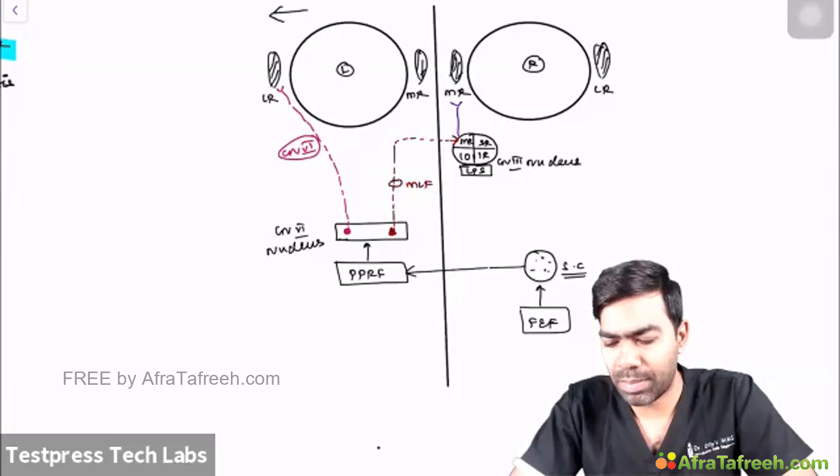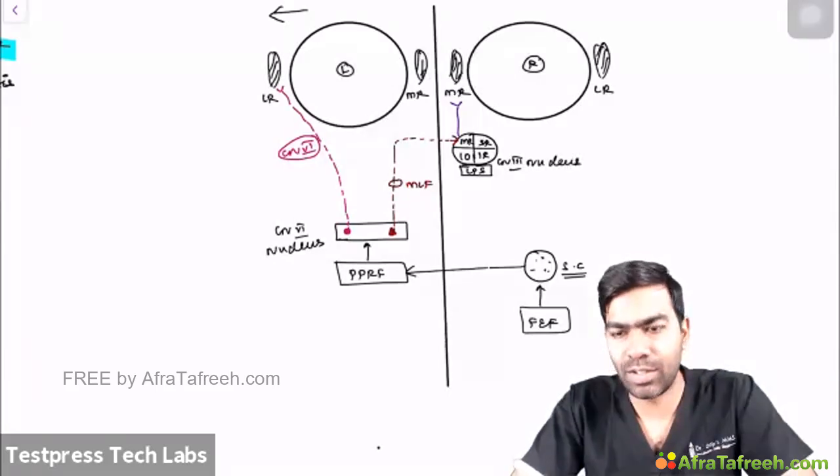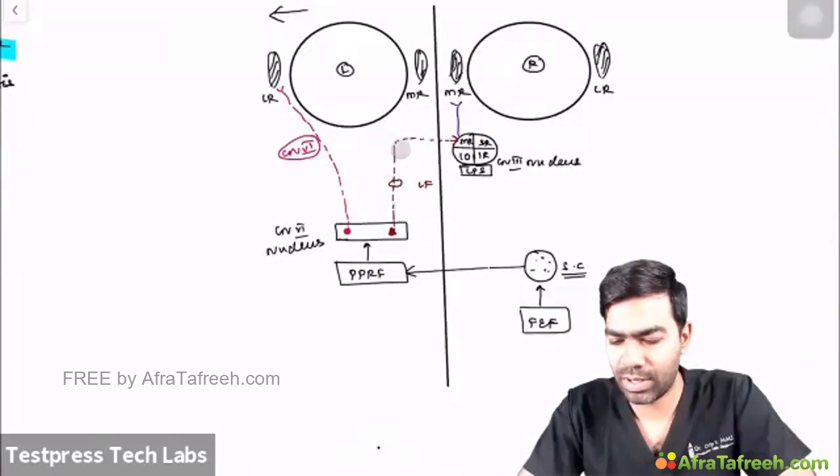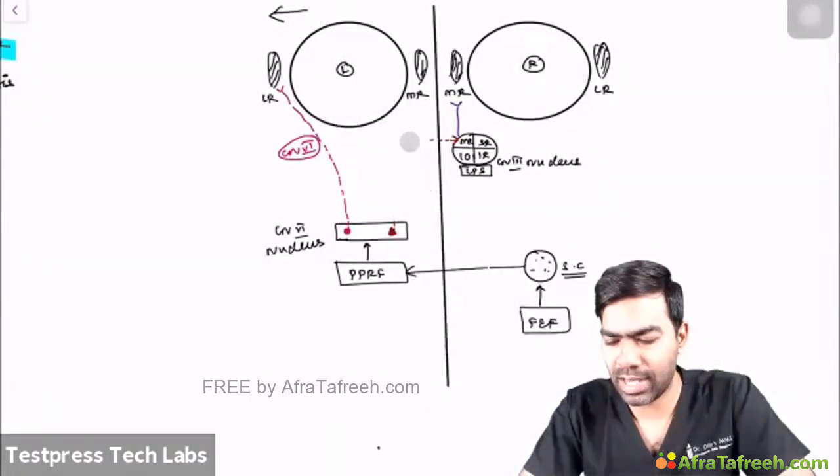This is a bundle that connects the 6th nerve nucleus on one side to the medial rectus on the other side. So which side should you name the medial rectus? I think I can draw in a different way, because the direction drawn here is not correct. The side you name the medial rectus is the side that is going to innervate the medial rectus.